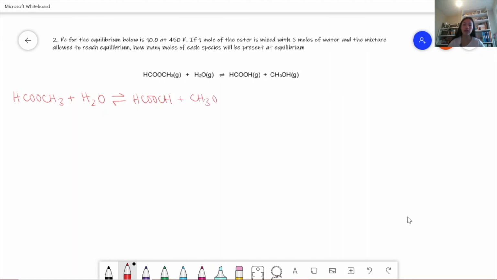And then write out the initial moles that we already know. So we know 1 mole of ester is mixed with 5 moles of water. So we have 1 here and 5 here, and then 0 of these two. So these are initial moles.